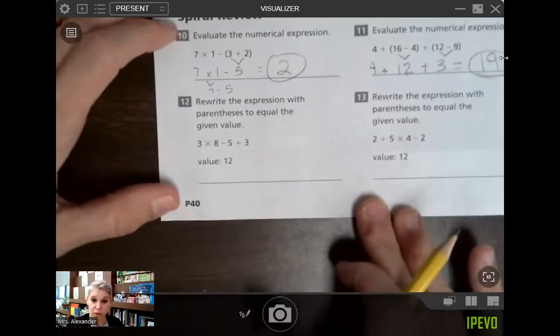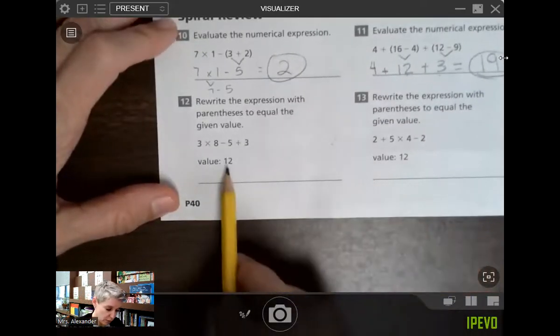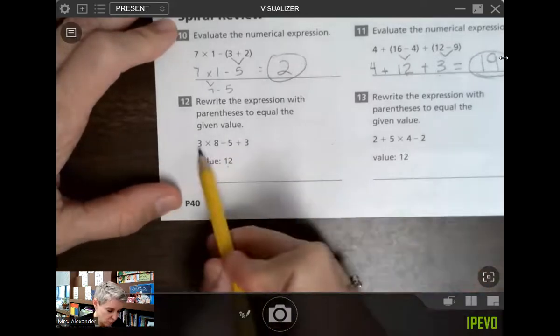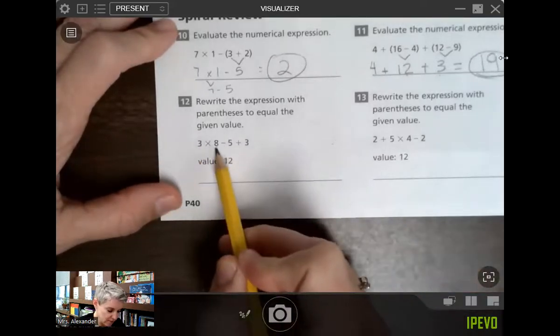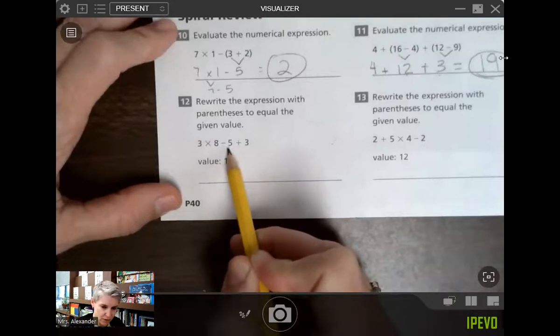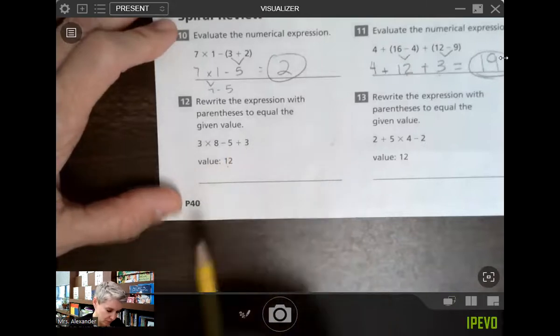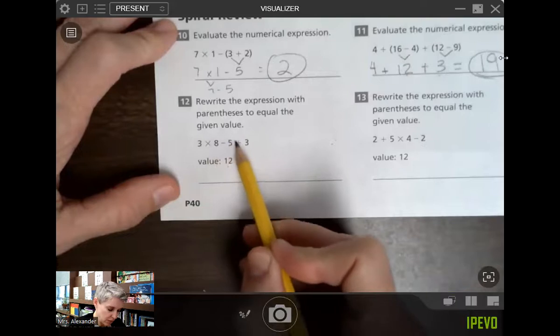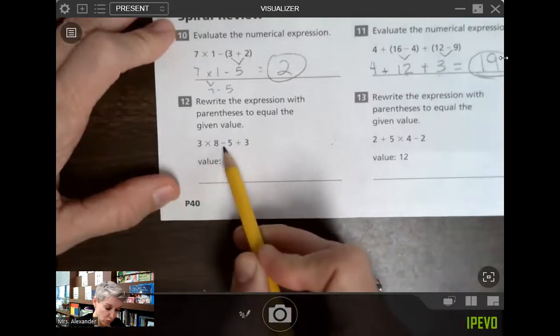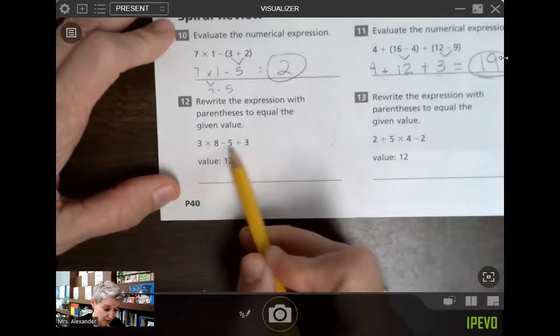Rewrite the expression with parentheses to equal the value if we want it to equal 12. Well, if I do this, that's 24 minus 5 would be 19 plus 3. No. If I put them around the 8 minus 5, 3 times 3 then is 9 plus 3.